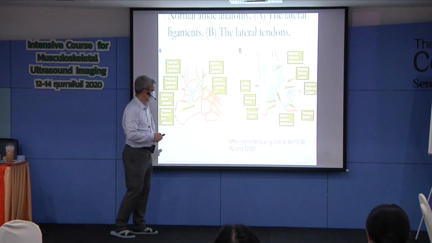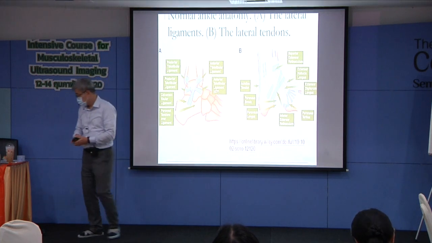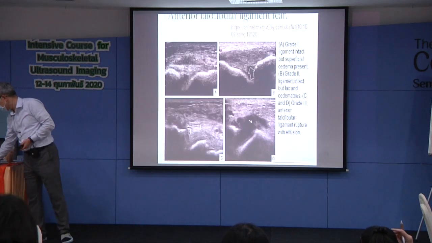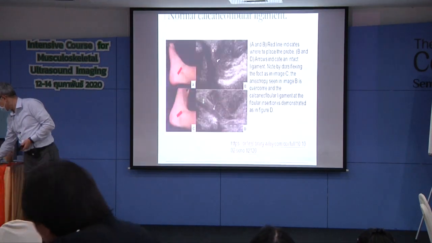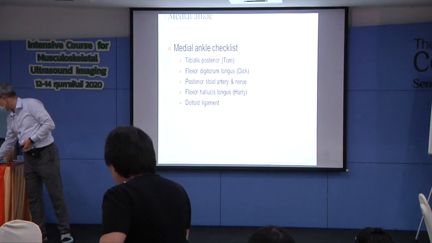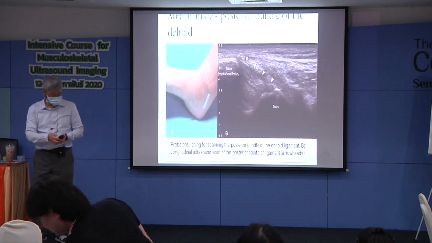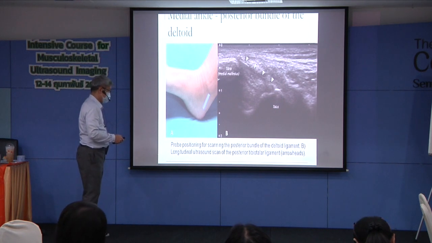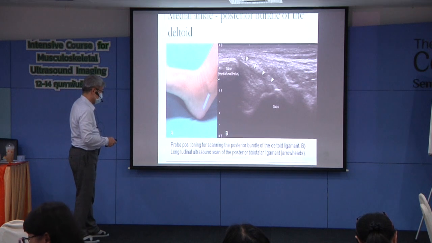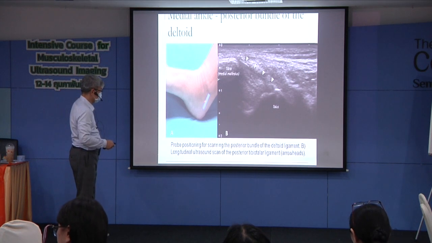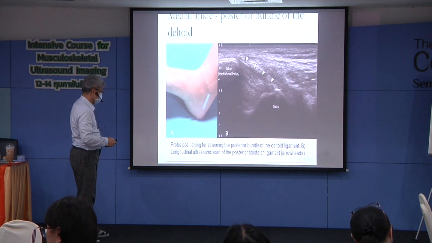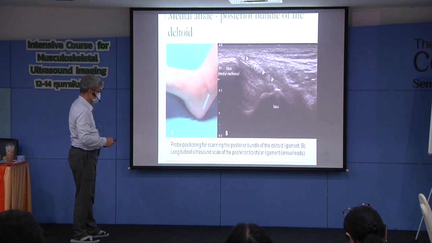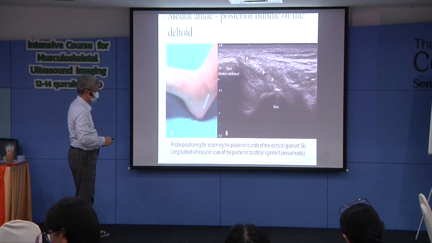Okay, then we move to the deltoid ligament. We look at the posterior bundle of the tibiotalar ligament, the tibiocalcaneal ligament, and the anterior bundle of the tibiotalar ligament.